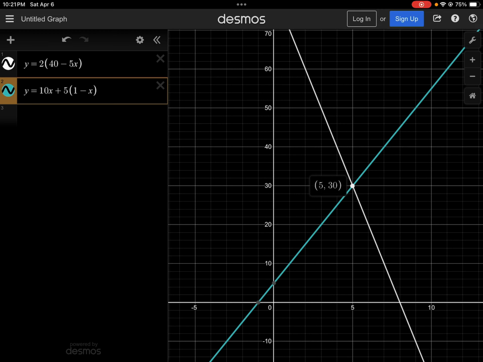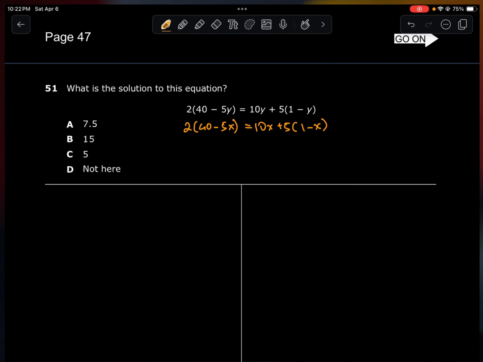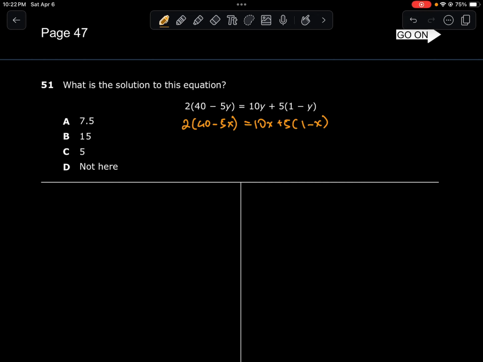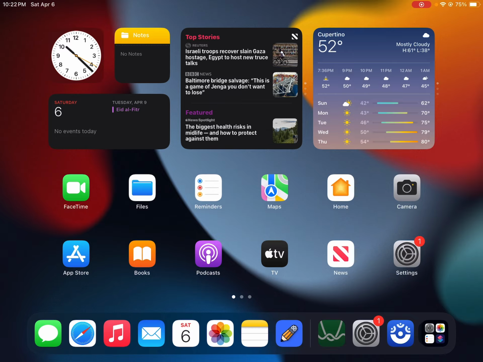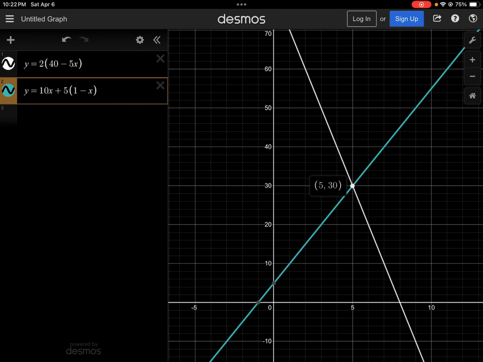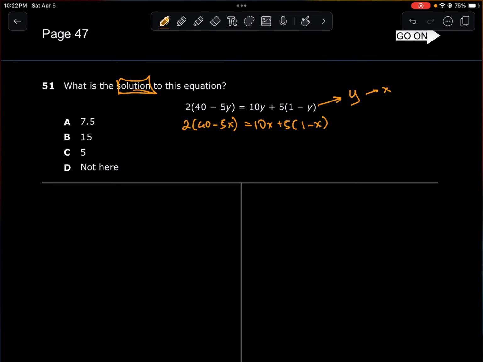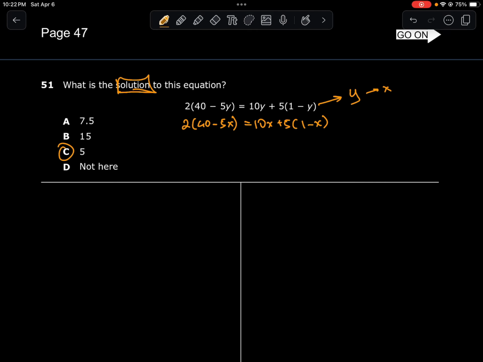Okay, it's x comma y. So 5 goes with x, but my x is what they call y. Alright, and if you look, they're looking for the solution to this equation. That's the key word. The solution is a y, which I called x. So in my notation that's first, so the answer should be 5, should be C.